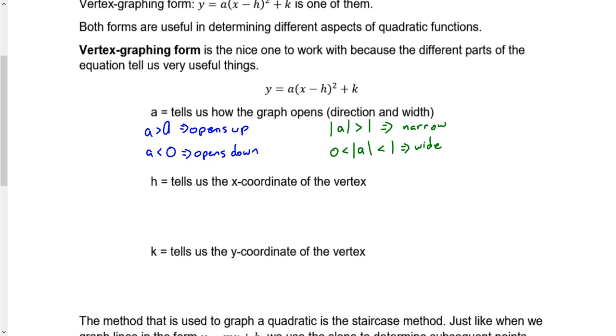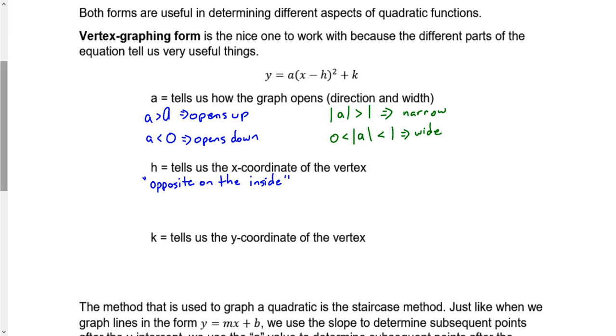The h value tells us the x-coordinate of the vertex. The phrasing that I like using, and we had actually done it in Foundations 10, was opposite on the inside. So we'll talk about what that all means when we get into some of the graphing.